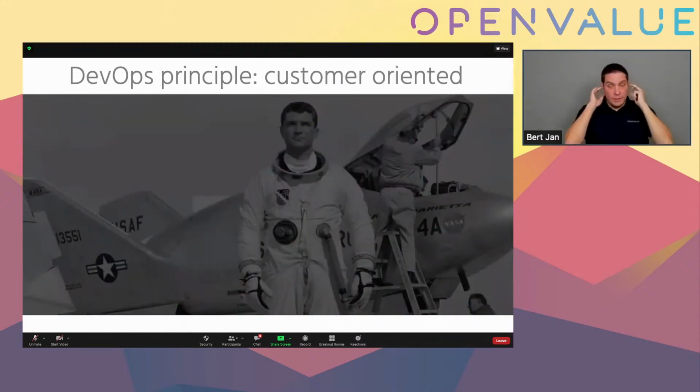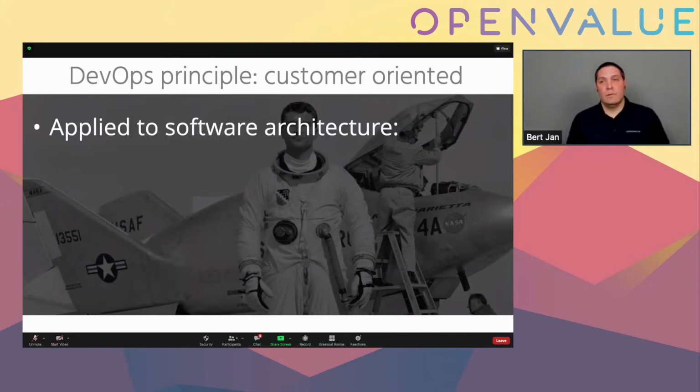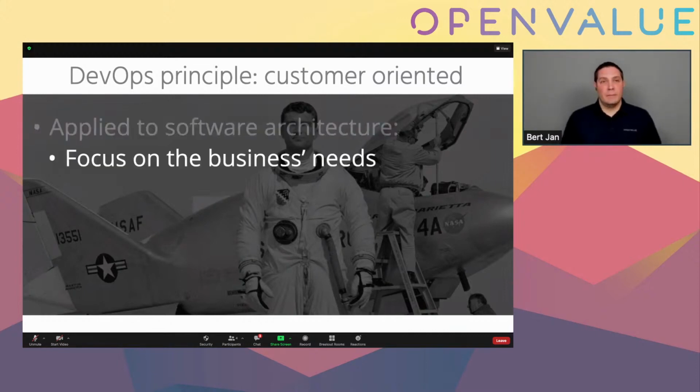Then the principle of being customer oriented, and this is an interesting principle for architecture, right? Because software architects typically have not much direct contact with customers. So if we apply this to the world of software architecture, I'd say focus on the business needs. Your goal as a software architect is to create something that's buildable, that can help the customers reach their goals.